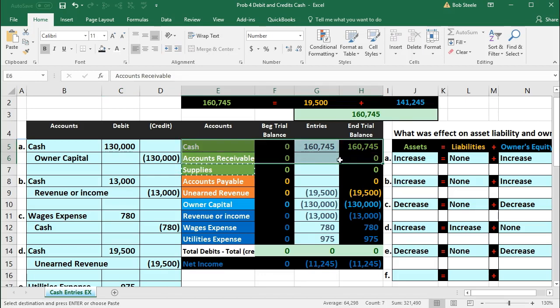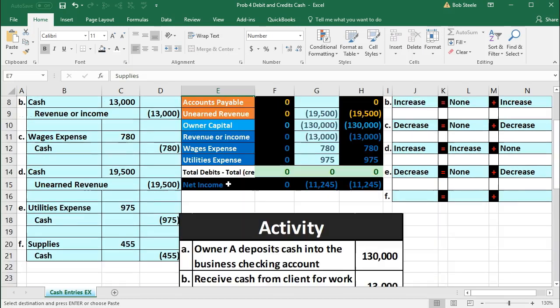We need to make it go up because we bought more supplies, and the way to make something go up is to do the same thing to it as its normal balance. Supplies, an asset having a normal debit balance, the same thing being another debit. So we just double check that we're debiting that for reasons other than just having to credit cash. So now we're going to post this.